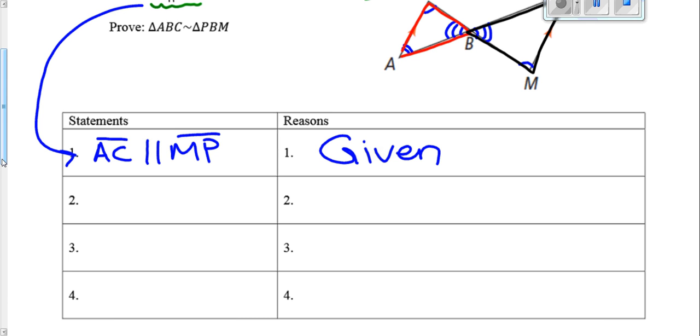We need to prove at least 2 angles congruent. So let's start with the vertical angles. I have angle ABC, and that is going to be congruent to angle PBM. So these right here. And the reason for that is vertical angles.